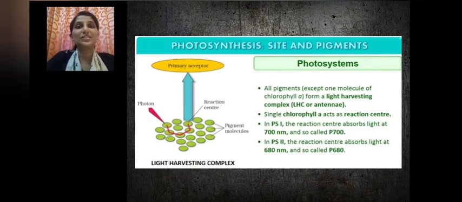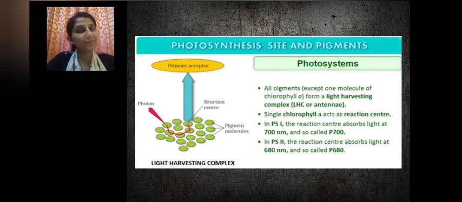In photosystem 1, the reaction center is called P700. Why is it called P700? Because it absorbs light at the wavelength of 700 nanometers. And the reaction center of photosystem 2 is P680. Why?